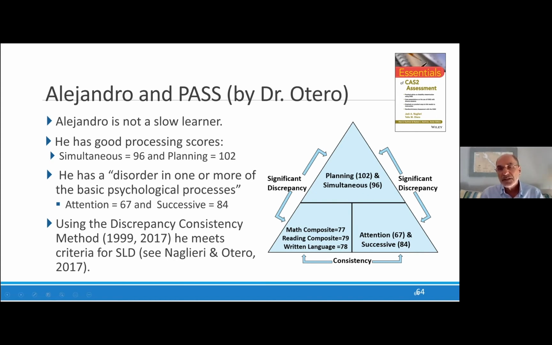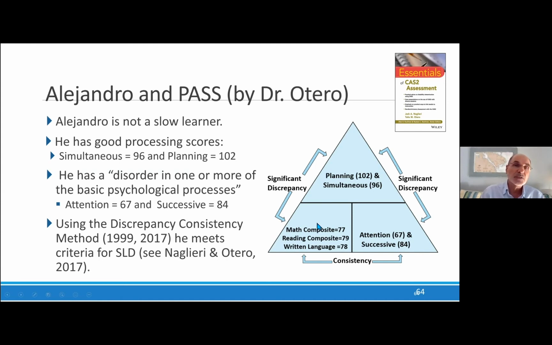You have significant differences among the PASS scores. In other words, he's not equally capable across the 4 basic psychological processes. He's got strengths in simultaneous and planning, weaknesses in attention and successive. He's got significant discrepancy between good cognition and bad academics.